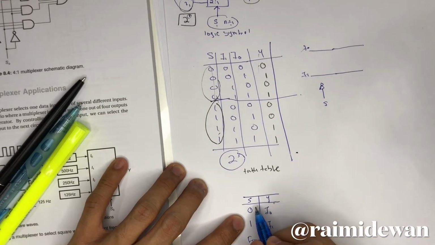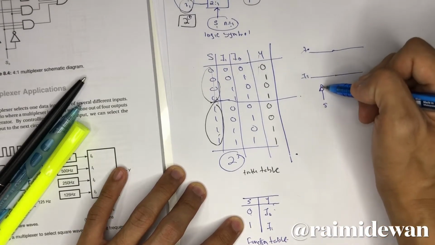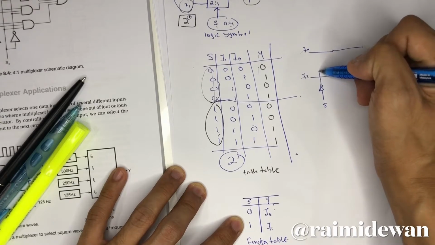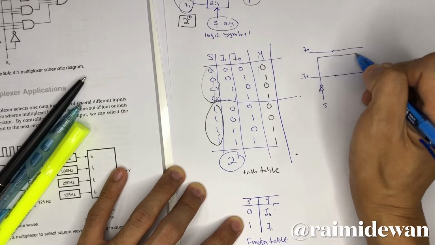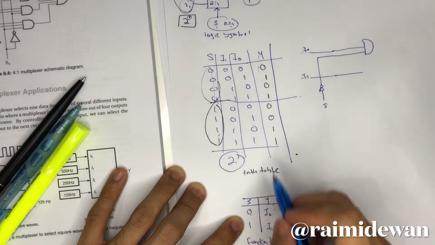If you see this one, S is 0 and Y is I0. So for I0 to be followed, it will need to have S inverted, right? So S inverted, then you have your AND here. How about I1?